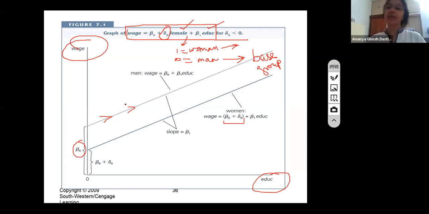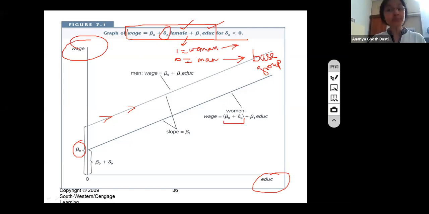Now, when you have estimated such a model, you will get some coefficients. You will get all the hats. You will get beta naught hat, delta naught hat, and beta 1 hat. And what are those giving you? Beta naught hat is telling you that in the wage regression on education, the intercept for men, the base group, is beta naught hat.